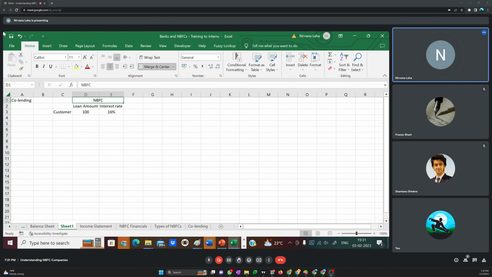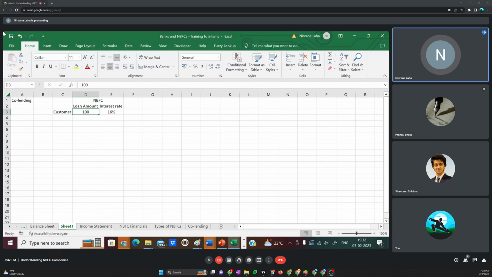Now, what is co-lending? If I have to give this loan as an NBFC, I need to raise 100 rupees of deposits. Am I right or am I wrong, Shantanu? Yes.